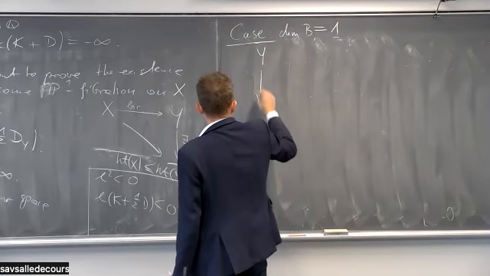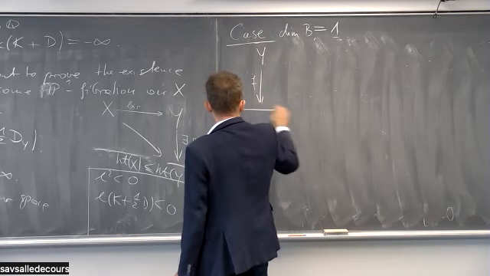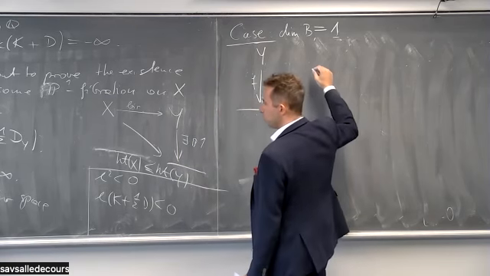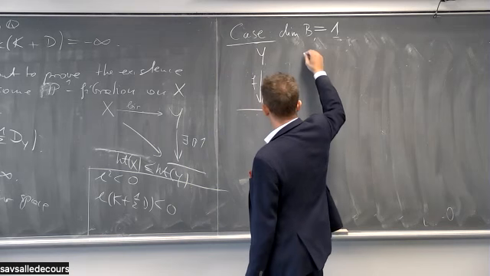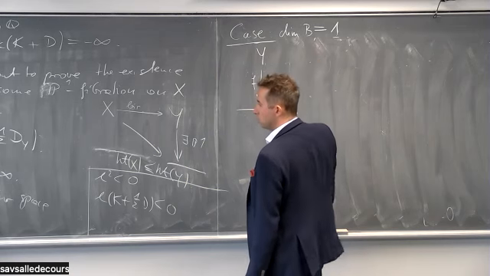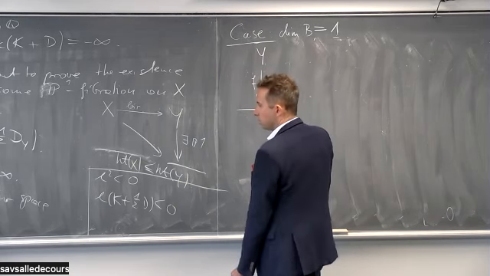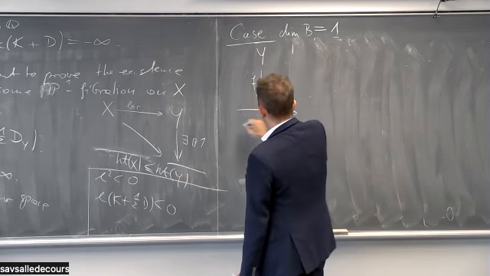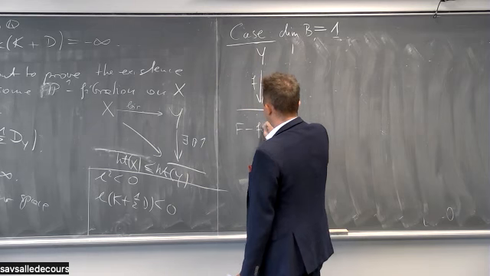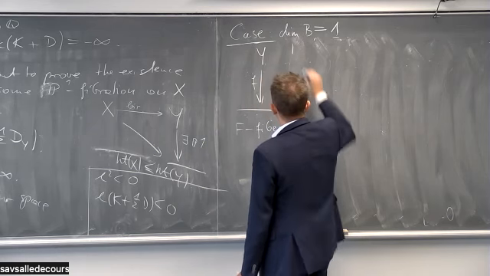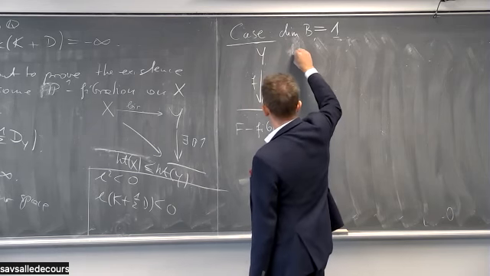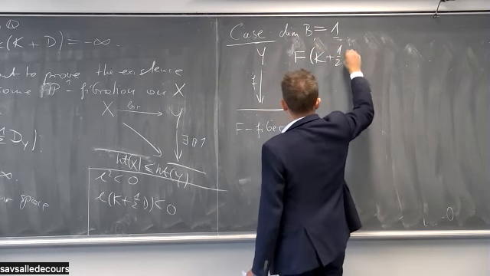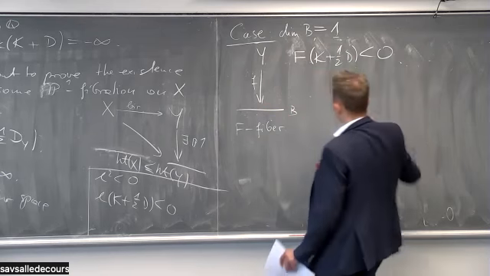Y, a fibration f onto a curve B, and rank is not that important for me. I just need this condition, which was the intersection with log canonical divisor. If F is a general fiber, then I have this condition for the log Mori fiber space, which says that F times K plus half of D is negative, okay?